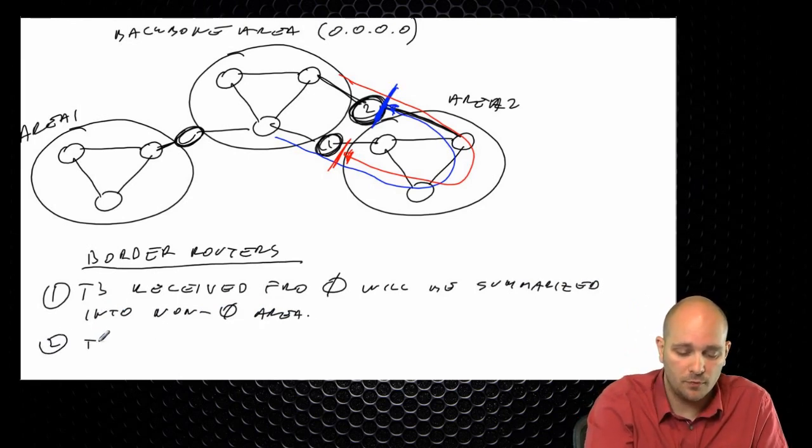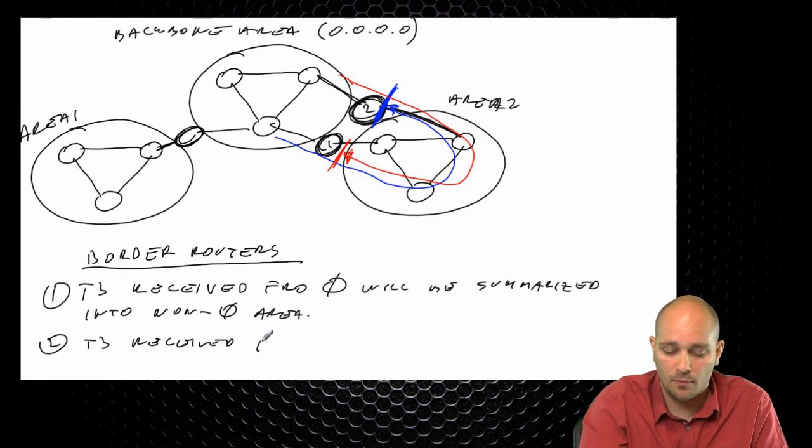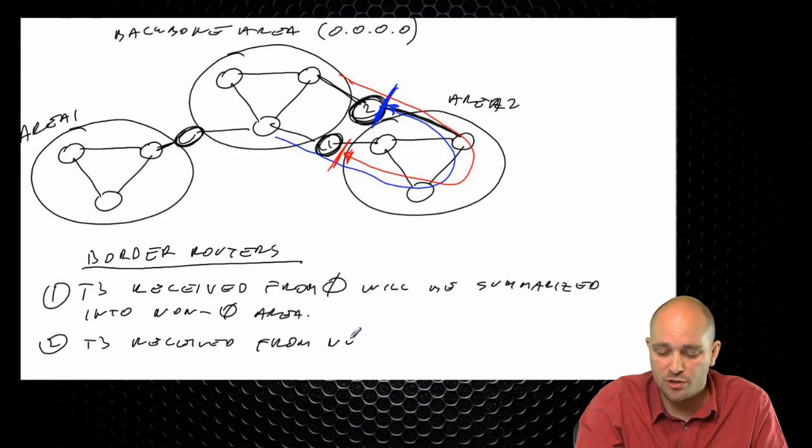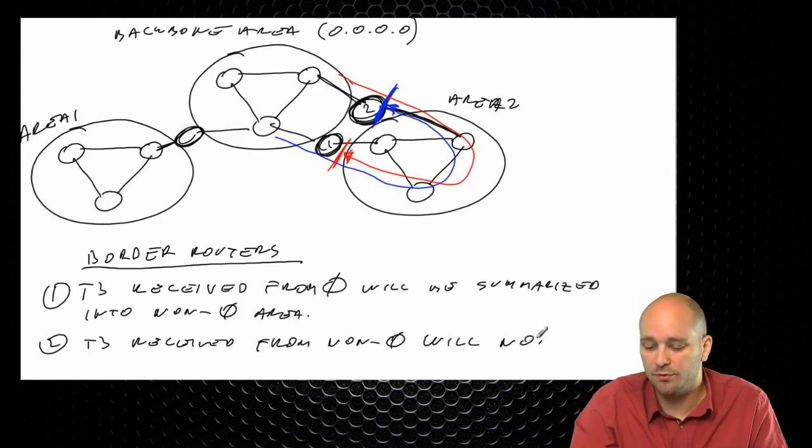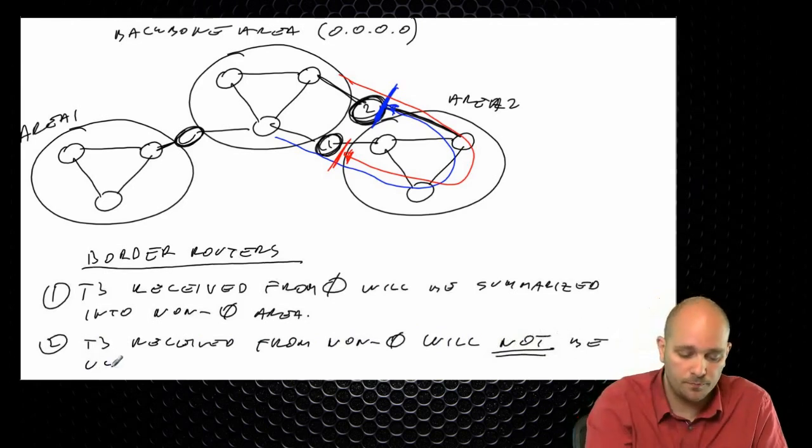Information, or actually type 3, received from non-zero area will not be used for routing.